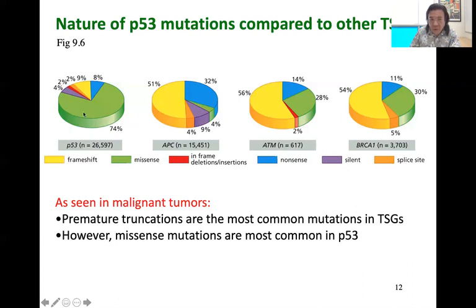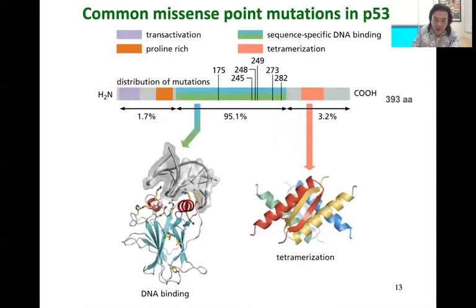Overwhelmingly, the type of mutations that you see in clinical samples are point mutations, missense mutations that result in an amino acid somewhere in the p53 changing from something to valine, for example, that was the example used in that classic experiment before. So how do we make sense of this? How could it be that p53 behaves so differently than other tumor suppressor genes in terms of the nature of mutations?